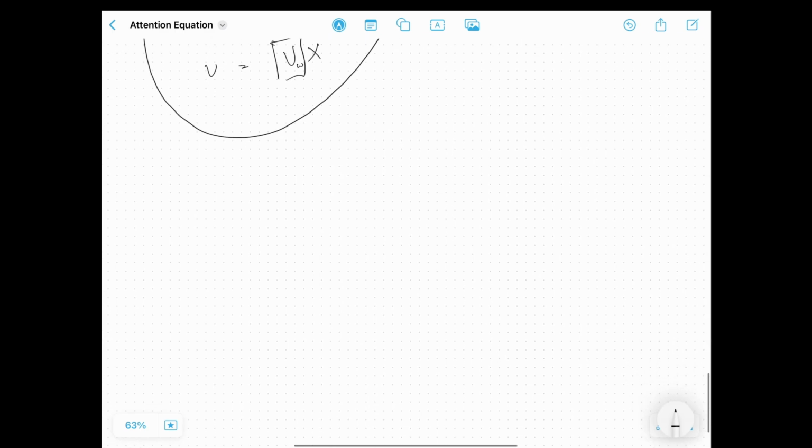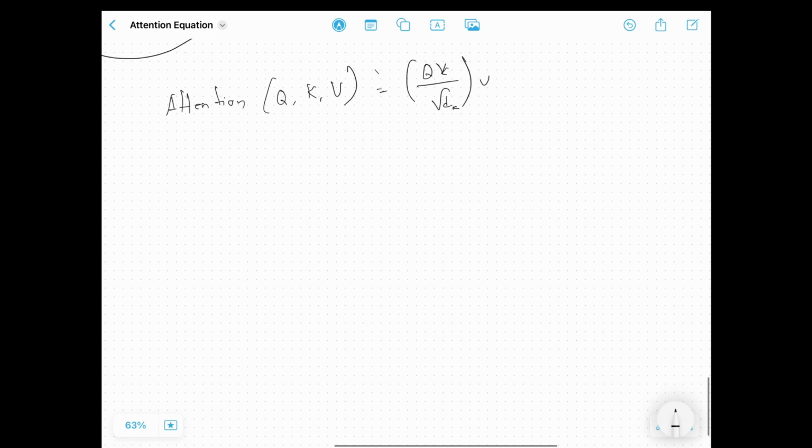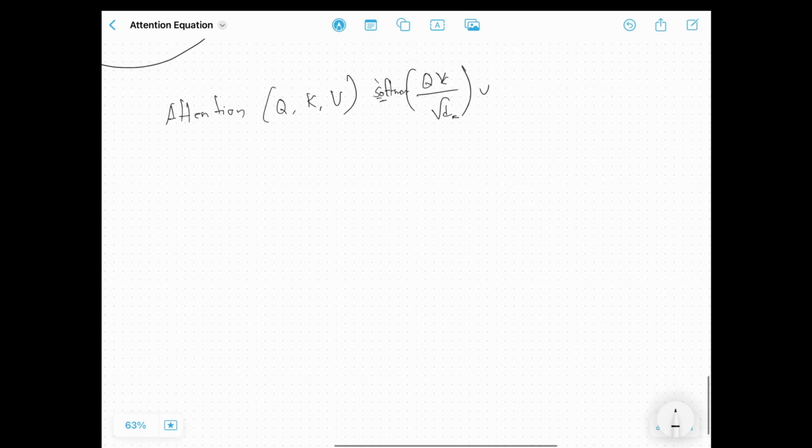After this, we have the original equation, that is attention of Q, K, V: query times key transposed, divided by the square root of d_k, and softmax it out, then multiplied with V. So we will be predicting this first.